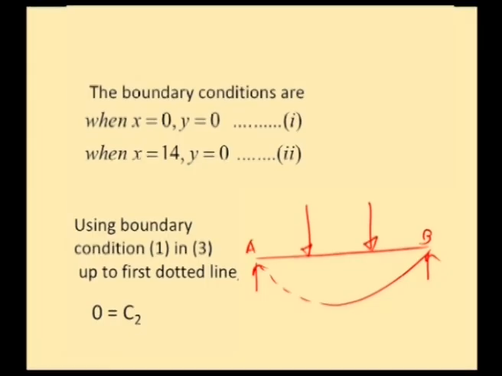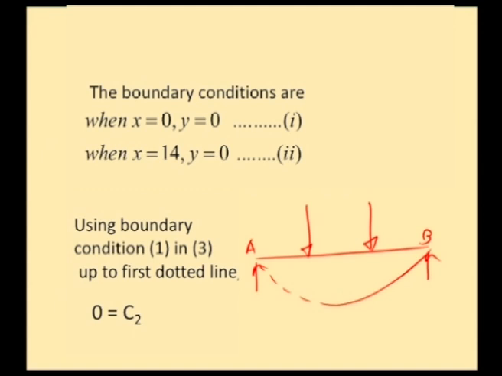So, the first boundary condition is x equal to 0, y equal to 0. When x equal to 0, y equal to 0 lies in the region AC, and hence the first equation needs to be used up to the first dotted line alone. If so, we will get C 2 equal to 0, and then if we use x equal to 14 meters, y equal to 0, the entire equation can be made use of, because x equal to 14 meters covers the entire length.